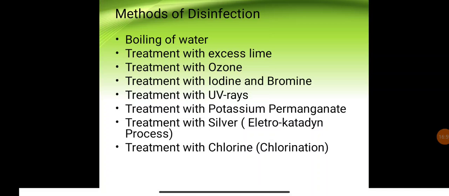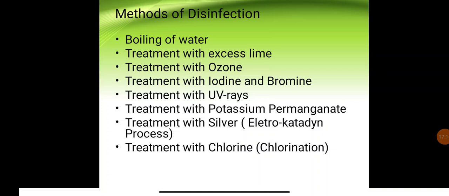And the silver treatment neither imparts any taste and odor to the water, nor does it produce any harmful effect on the human body. The use of silver is costly, so it is not adopted for public water supplies.